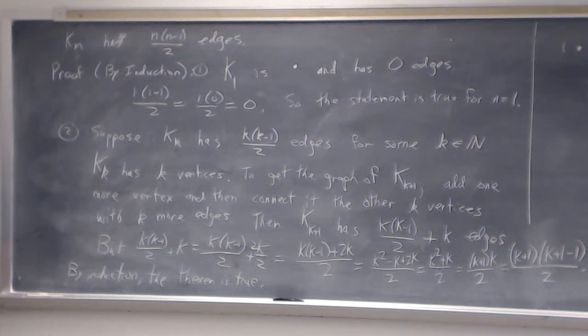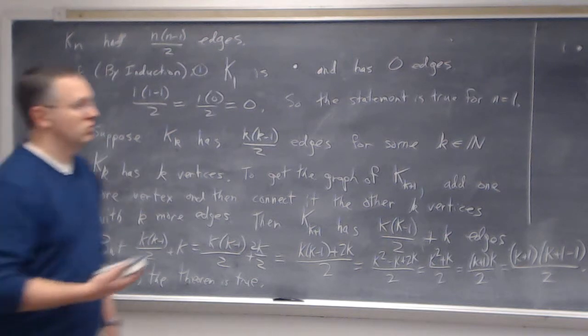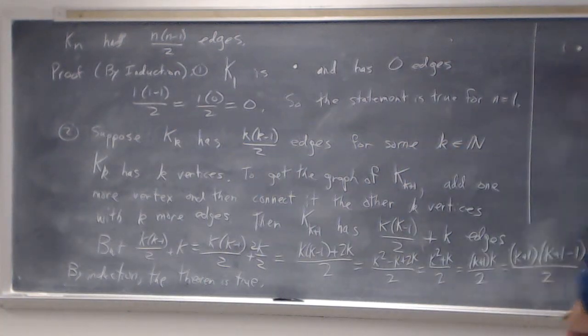So the complete graph with n vertices has n times n minus 1 over 2 edges. Next theorem is called the handshaking lemma.